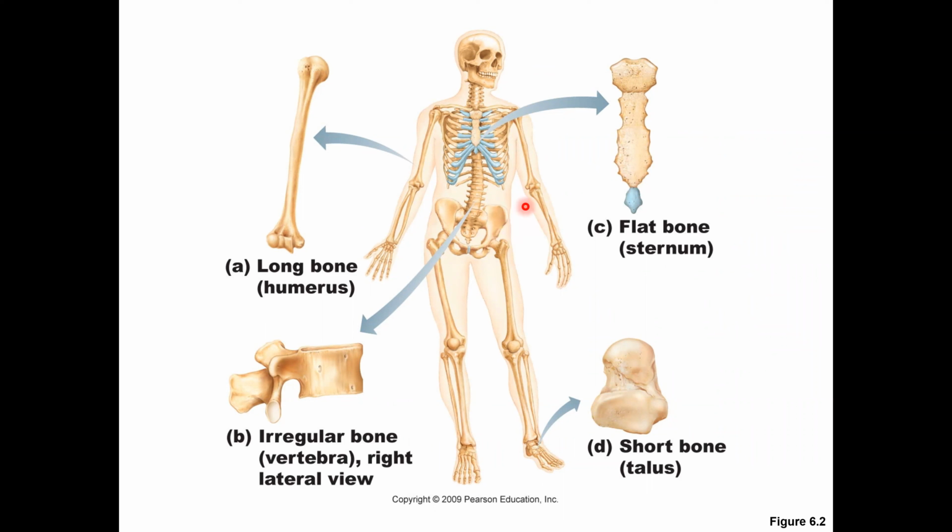So ilium is a flat bone. Short bones, example is talus, right? And this is one of the tarsal bones. And of course, your carpal bones are also short bones. You don't see it here, but here's your patella. This is a sesamoid bone.